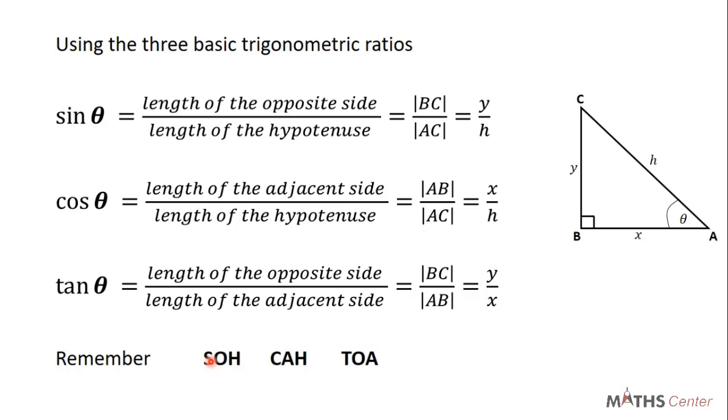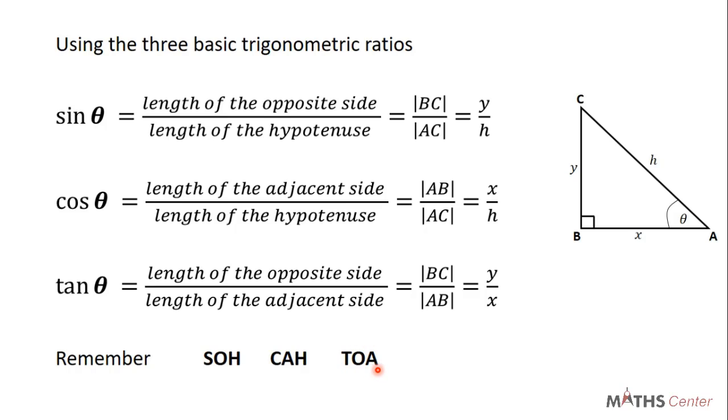So when you see SOH, it means sine is equal to opposite over hypotenuse. CAH is for cos. It means when you see cos is adjacent over hypotenuse. So A is adjacent, H is hypotenuse. So it means that cos theta is equal to adjacent over hypotenuse.